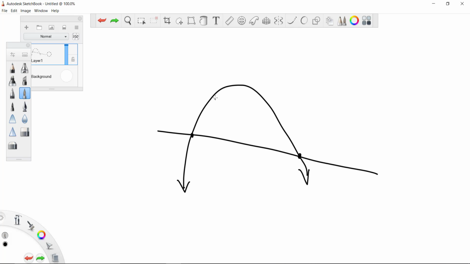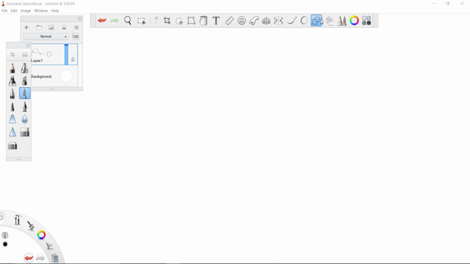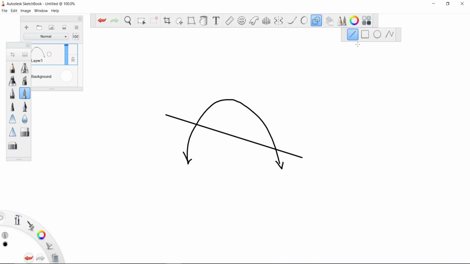What Archimedes actually did, and let me try to make this a little bit neater, so what Archimedes actually did, this would be like our axis of symmetry.